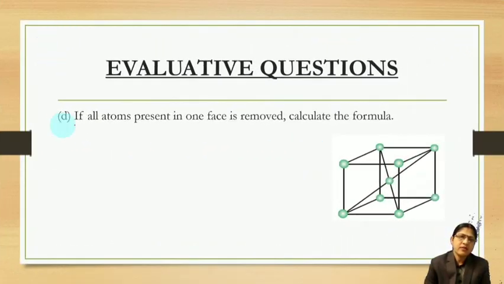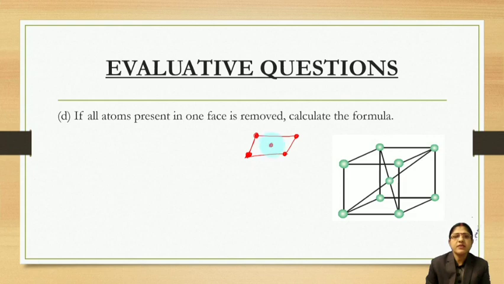Then the last one: if all atoms present in one face are removed. So dear students, we will consider only one. First we have to see how many atoms are present on a face. 4 corner atoms are present on a face.